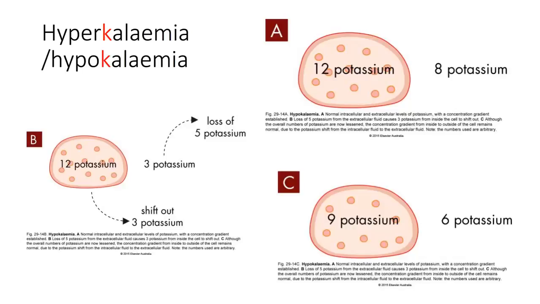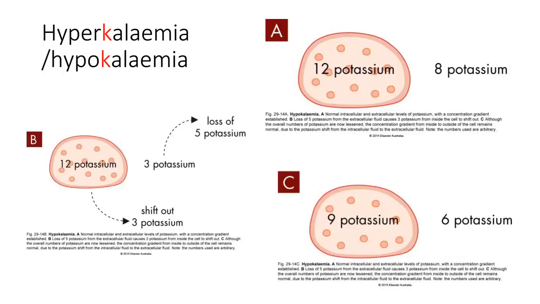Now, what we're seeing here are the diagrams for hypokalemia. If we start at A, we have the normal intracellular extracellular balance, and the numbers are relatively arbitrary, but it is normal to have more potassium inside the cell than outside the cell, and that sets up a concentration gradient. So 12 potassium inside, 8 potassium outside.